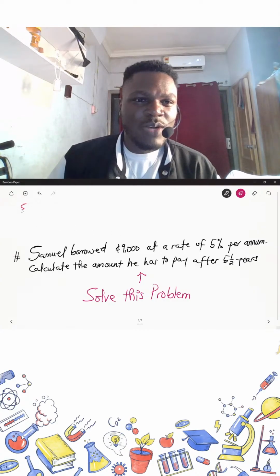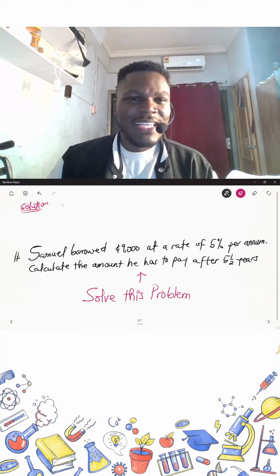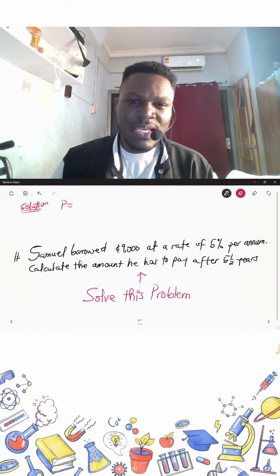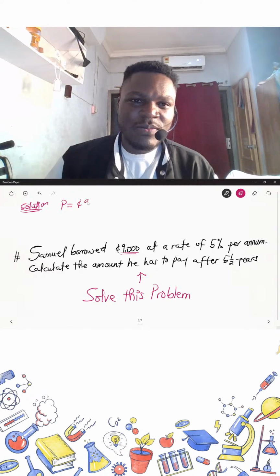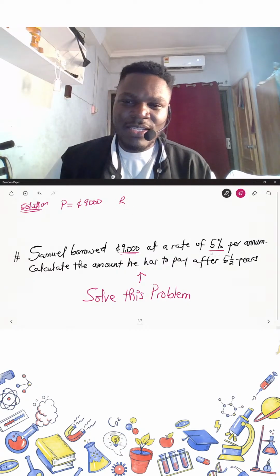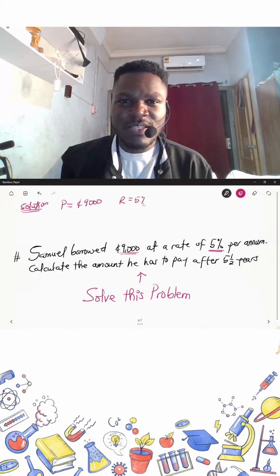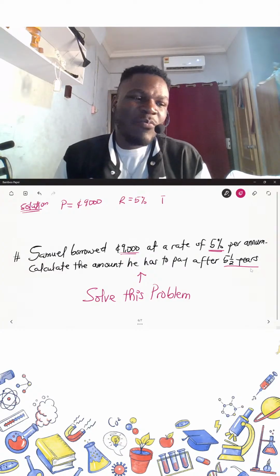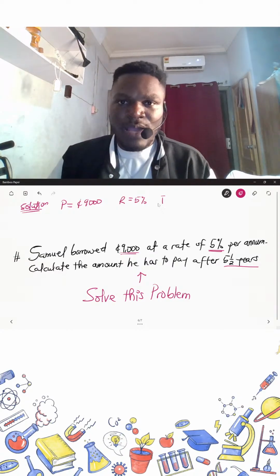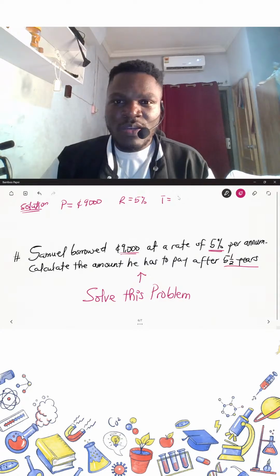All right, so let's look at the solution to the problem down below. In this case, our principal, which is the P, is the 9,000 that I have over here. Then the rate, which is the R, is the 5% that I have over here. And then the time is 5.5 years.